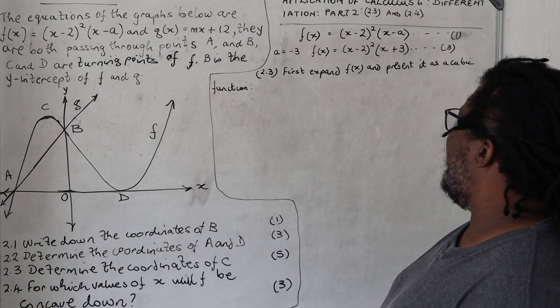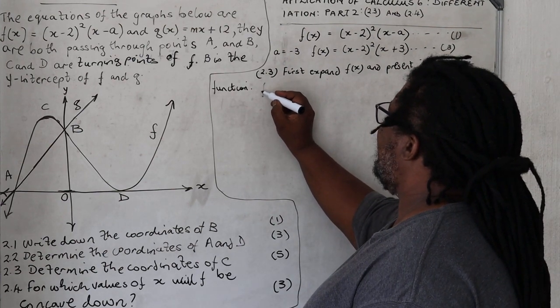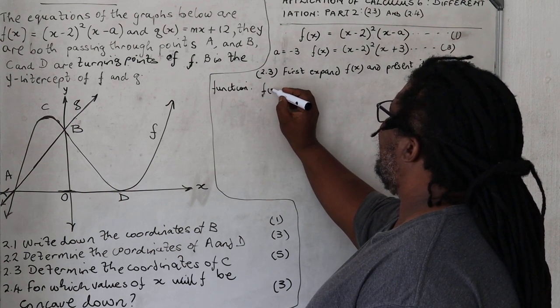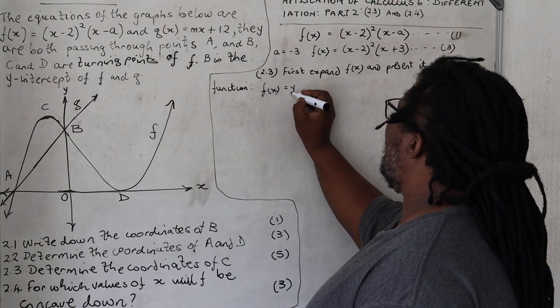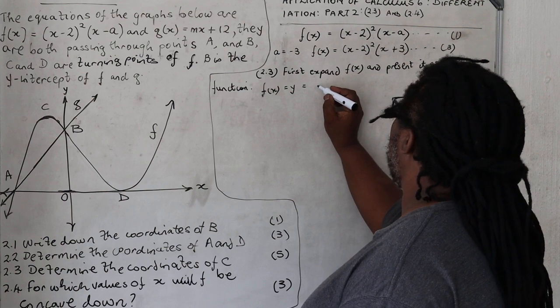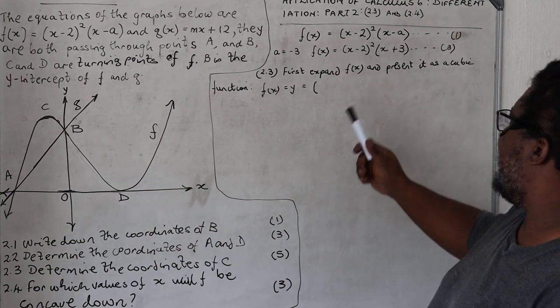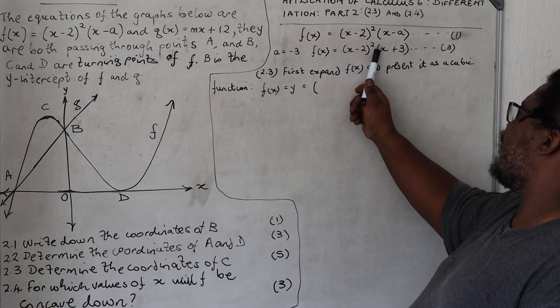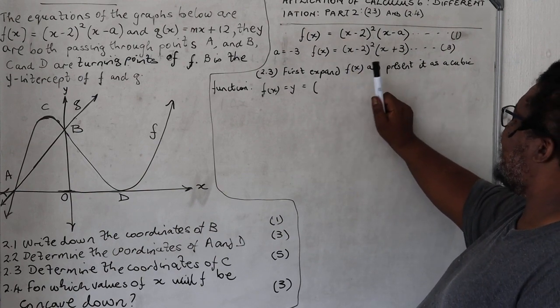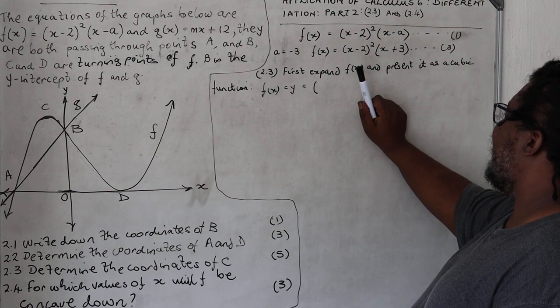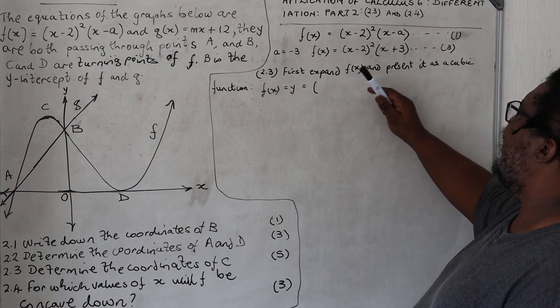In order to expand, f of x is equal to y is equal to, first we expand the binomial factor, which is (x minus 2) to the power 2, and the expansion of binomial factors is really very simple.